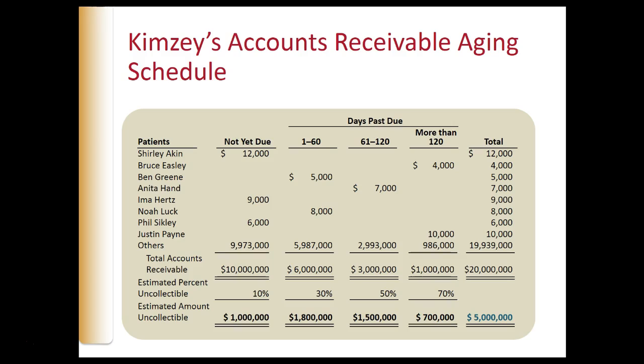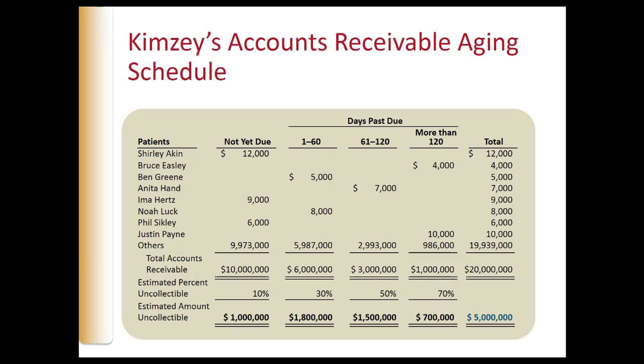So for instance, accounts that are 120 days past due are older than accounts that are 60 days past due. It makes sense to say the older the account, the less likely it is going to be collected. Summing the estimated amount uncollectible for each age group results in a total estimate of $5 million.